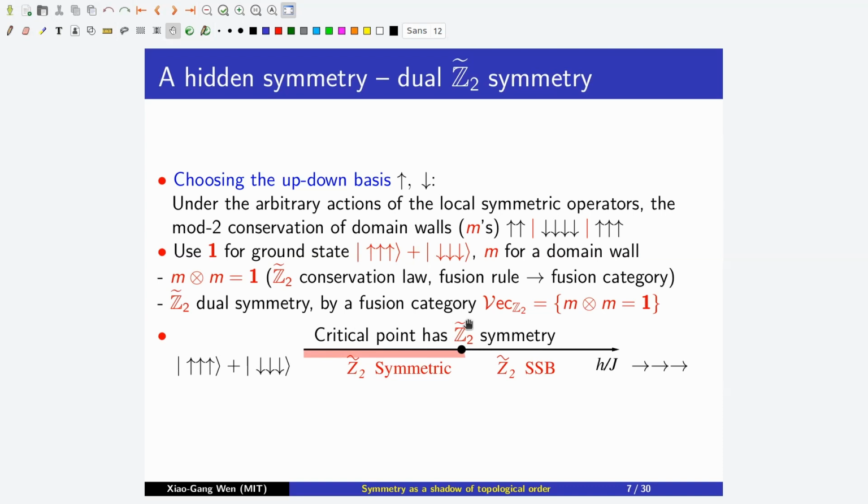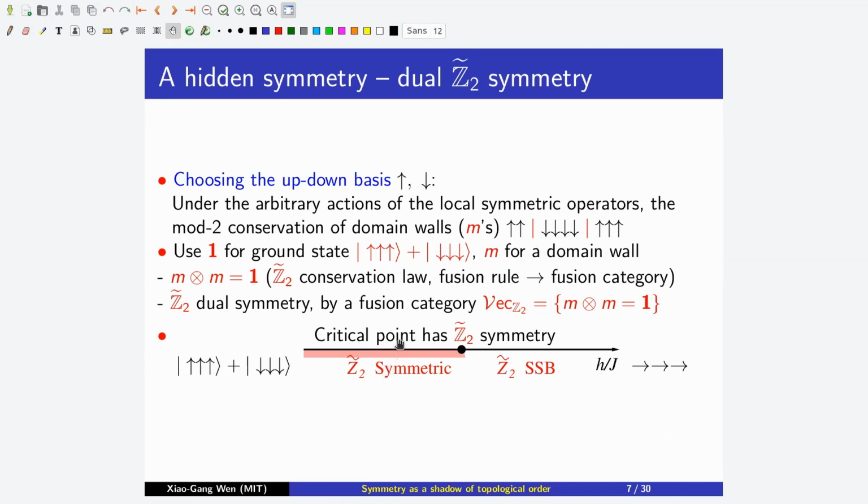Okay. Then the originally symmetric phase of the original symmetry can be viewed as the domain wall energy getting lower and lower, and eventually the domain wall condenses and drives this phase transition. And then we get this symmetric phase. Okay.